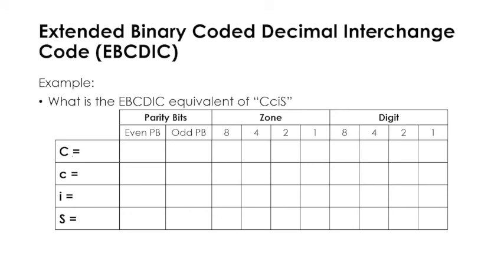So let's start with the capital letter C. Based from the table that we have shown earlier, the corresponding zone for capital letter C is 12. And the corresponding digit for it is 3.